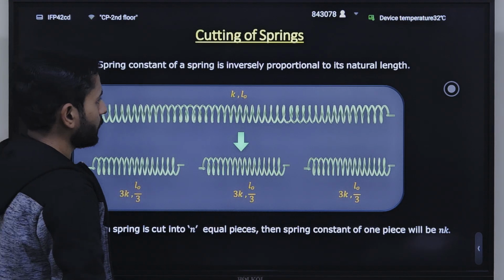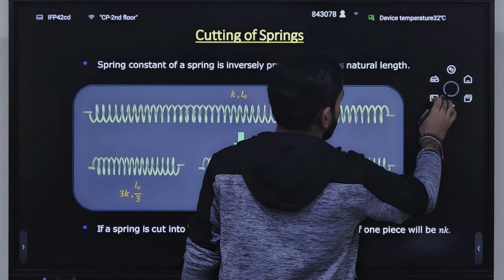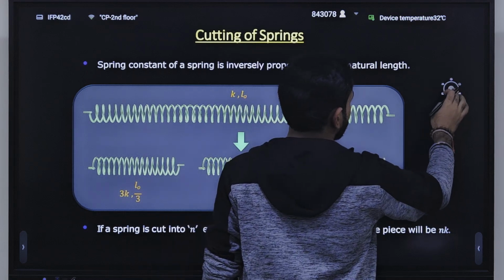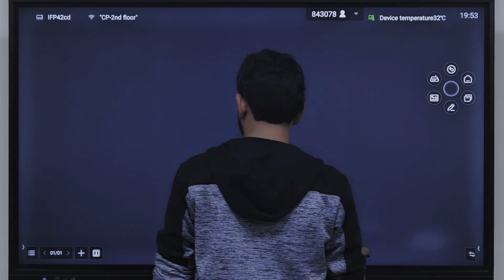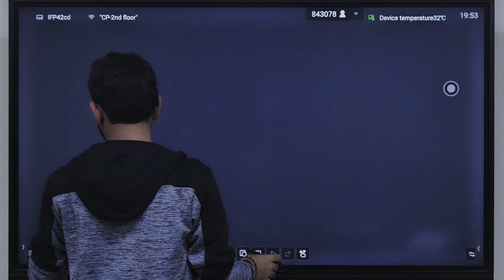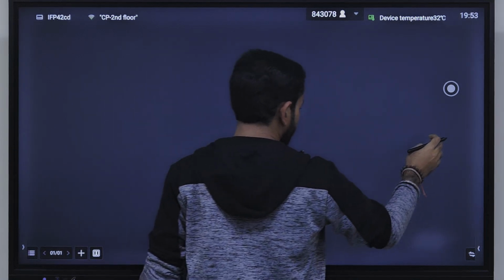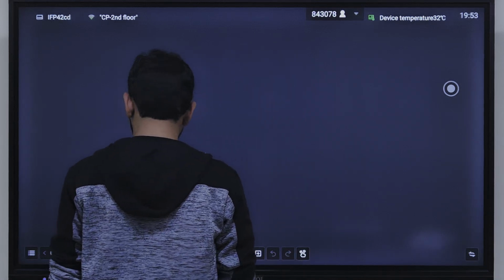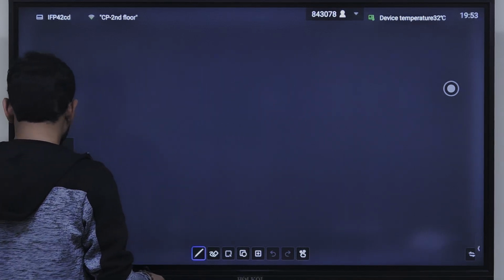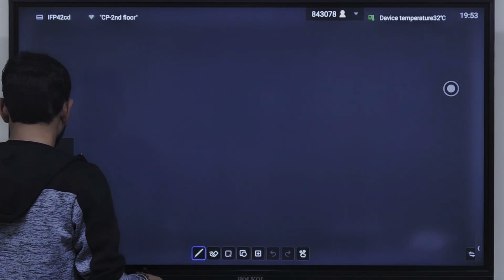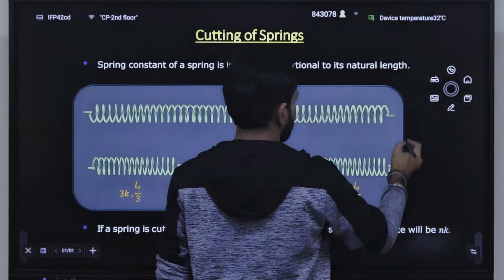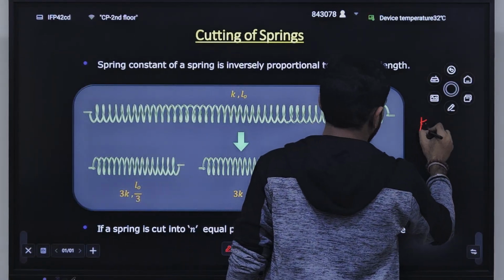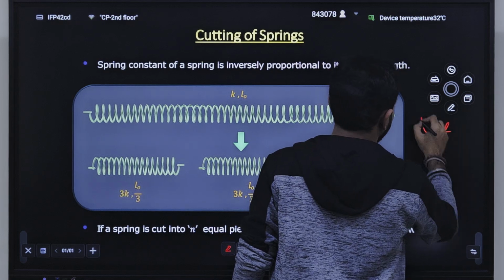Cutting of springs. Now you know that K is inversely proportional to length.